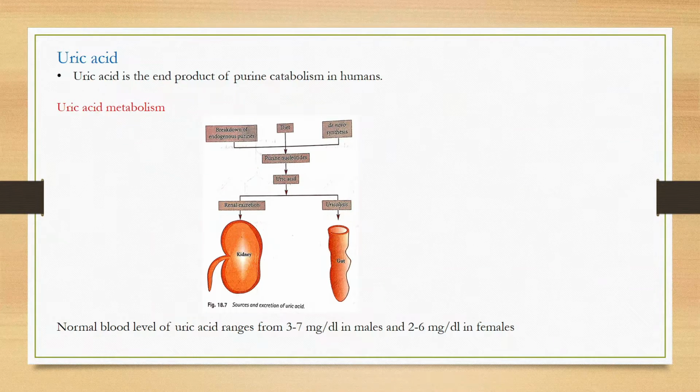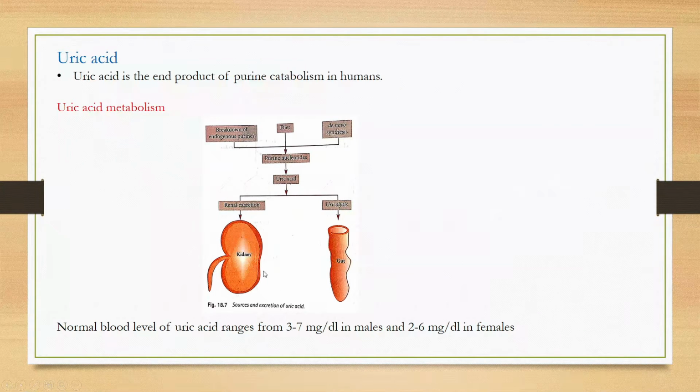Two thirds of the total uric acid is excreted by the kidneys, and the rest by the gut. Urate excreted in the gut is metabolized by gut bacteria to carbon dioxide and ammonia, called uricolysis. But two thirds are excreted through the kidney.